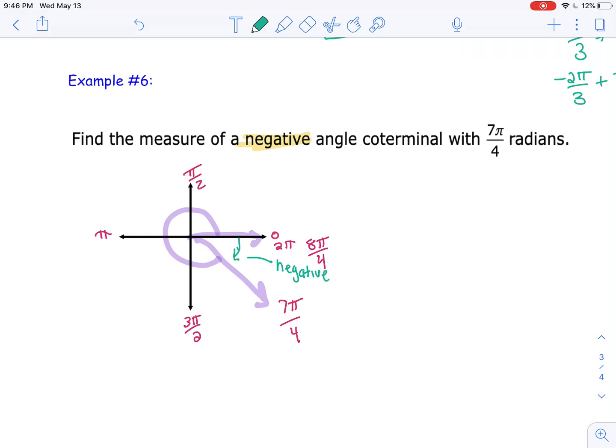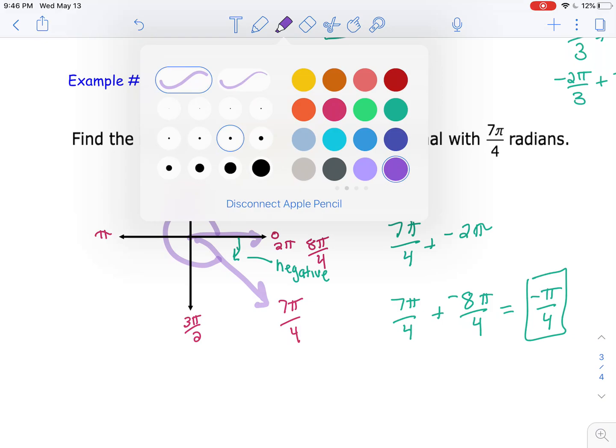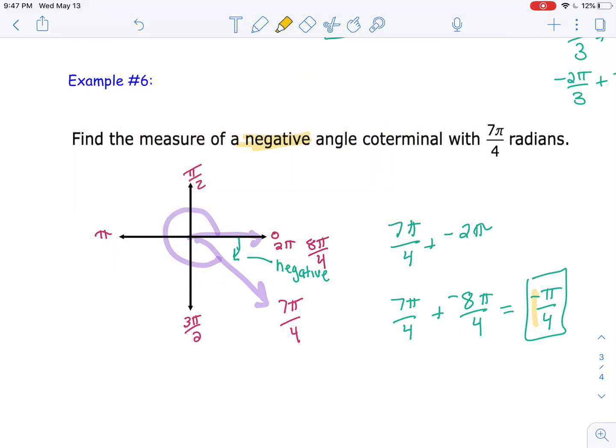So in order to get negative, we start with our angle, 7 pi over 4, and we add a negative rotation of 2 pi. So that's going to be 7 pi over 4 plus a negative 8 pi over 4, which is going to give me negative pi over 4. So negative pi over 4 is coterminal to 7 pi over 4.